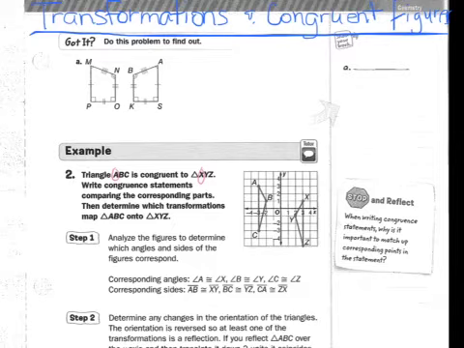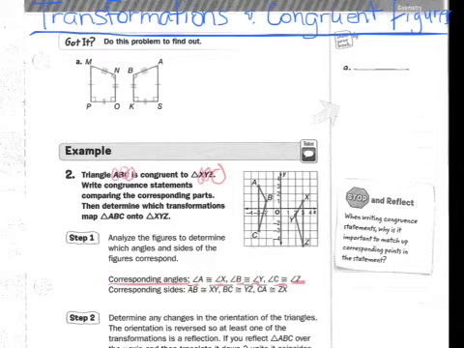So angle A is congruent to angle X. Then I just keep going. B is the second letter, Y is the second letter, so angle B is congruent to angle Y. And then do the third letter. C is congruent to Z. So those are your corresponding angles. Those are your angles that are going to be congruent to each other.